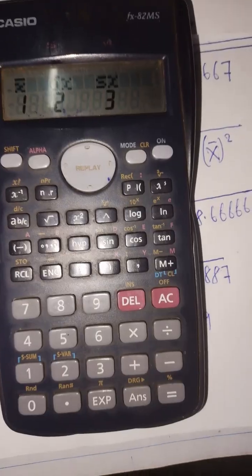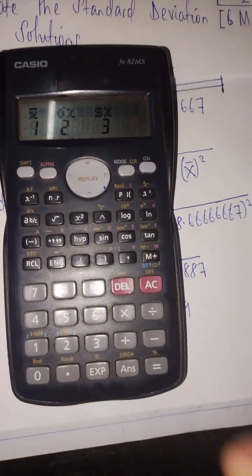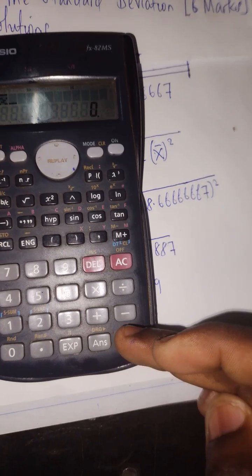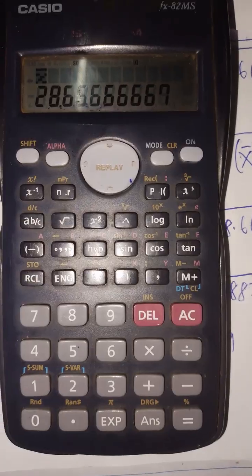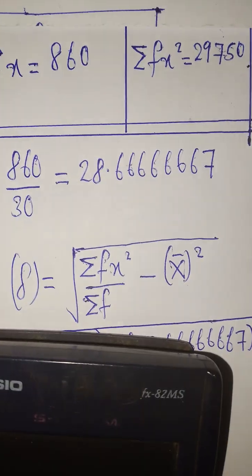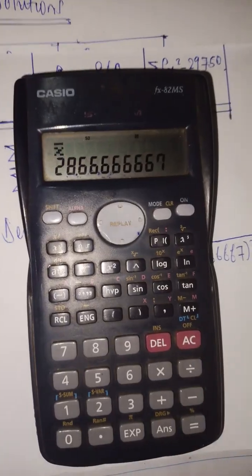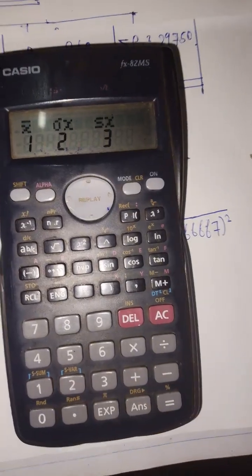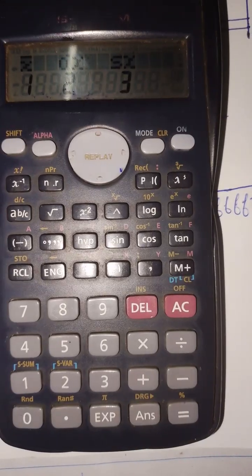The x bar is the mean symbol, so 1 means that the solution there is the mean. So to find the mean, I can just press 1, then press equals. So the mean is giving 28.66666667, and that is the mean we had found. Now to find the standard deviation, I'll press shift, then 2. So standard deviation is given by delta, which is denoted by number 2.